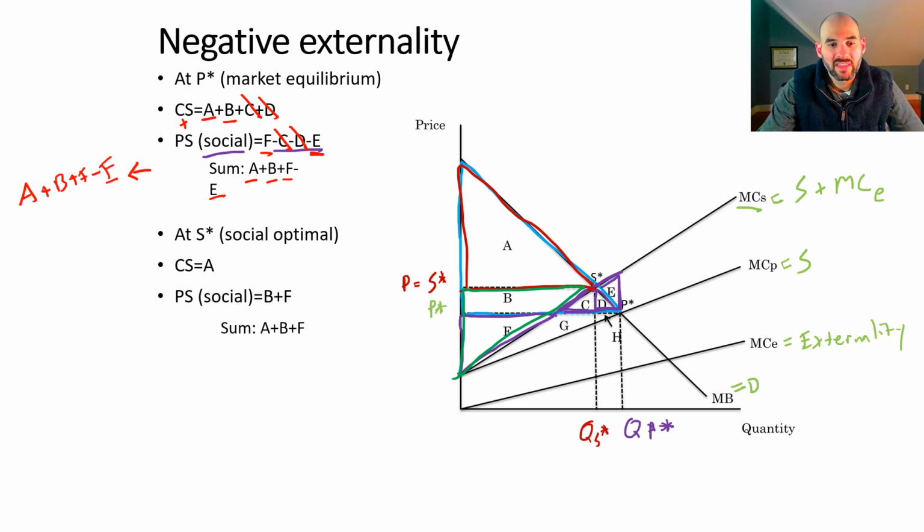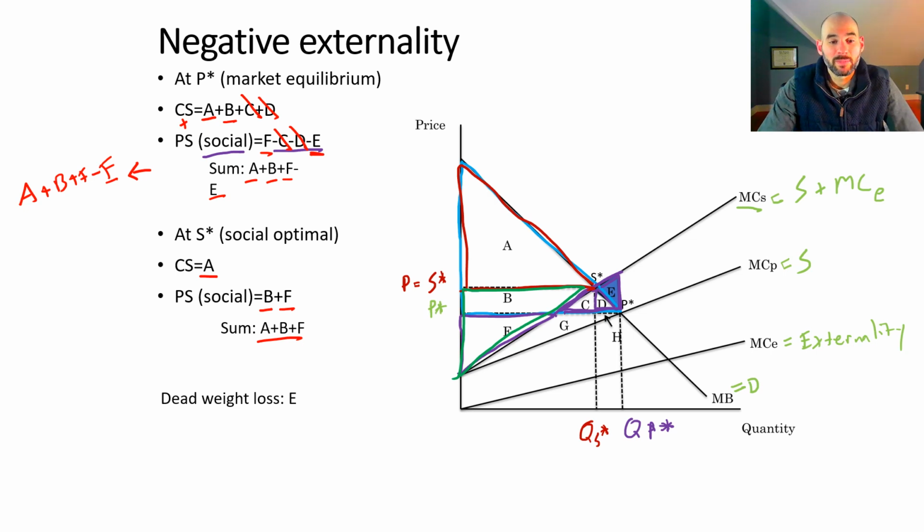And if we do the same thing for our socially optimal market, we have A appearing positively, B appearing positively, F appearing positively. And so that's going to be our total welfare in the socially optimal market, where we're regulating, we're controlling for that externality.